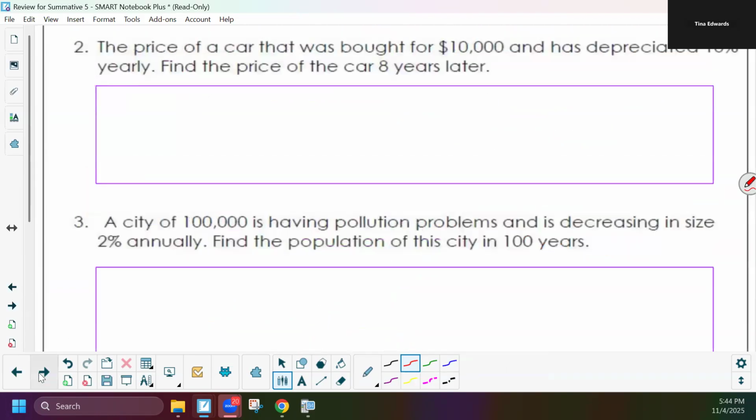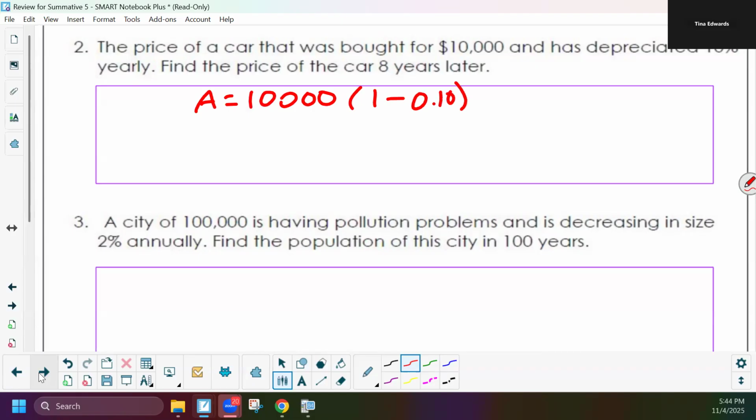All right, this one is exponential decay. I can tell because it says it depreciated. So we're going to use the exponential decay model for this one. So if you remember that one, our starting amount is 10,000. Decay is 1 minus, and 10% as a decimal is 0.10.